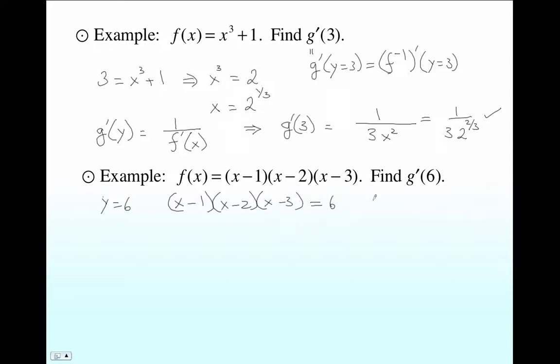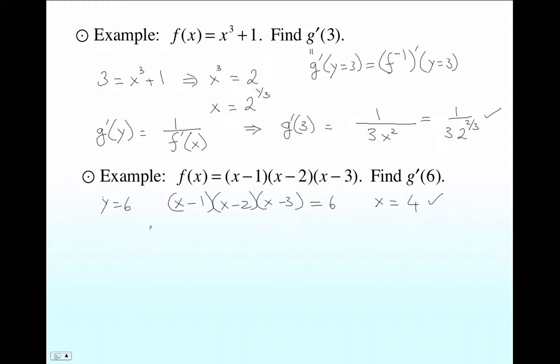And you can see immediately that when x is 4, then the left side and the right side will be equal, because you have 3 into 2 into 1. Fine. So we know the value of x at which we must evaluate.